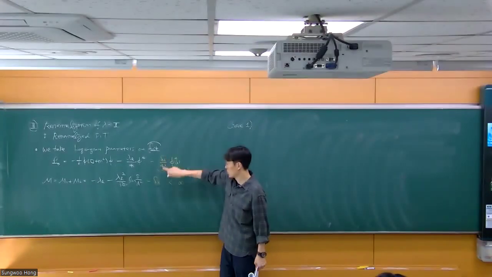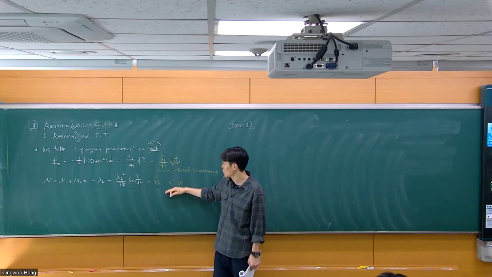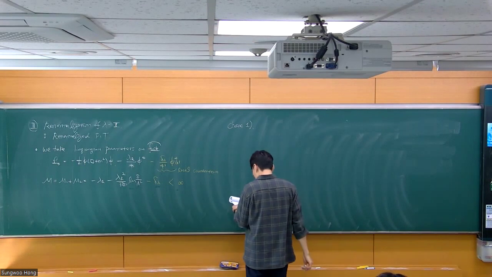So, what are the choices of delta? This counterterm I should do? Well, the goal is to have a finite answer, right? But that alone does not uniquely fix the form of delta. So for instance, let me choose one possibility.